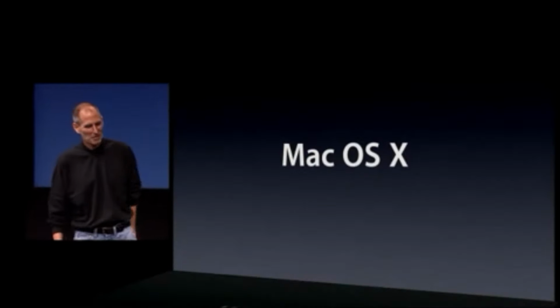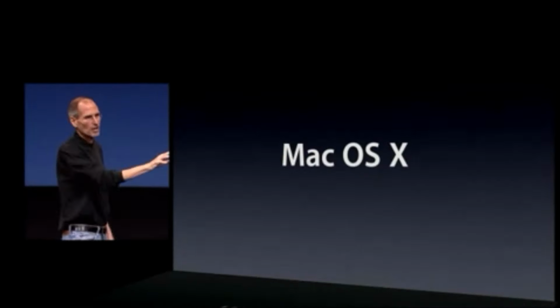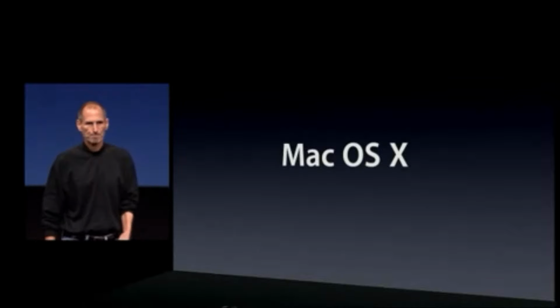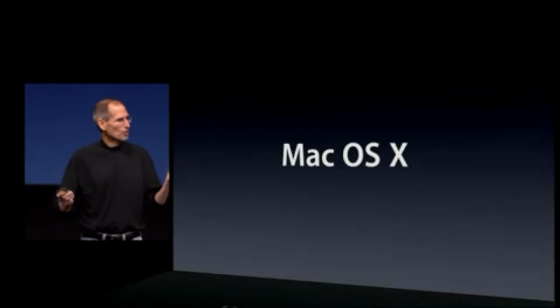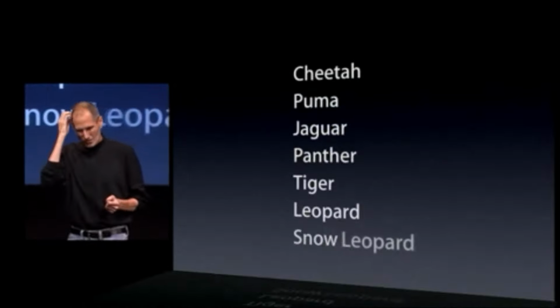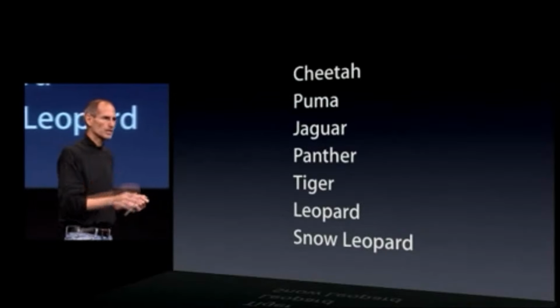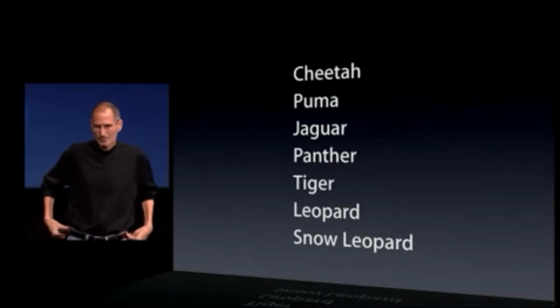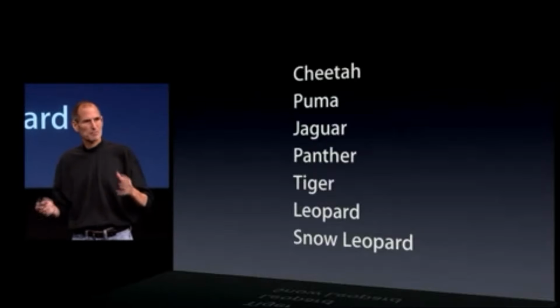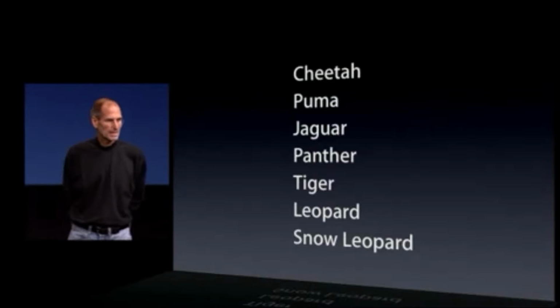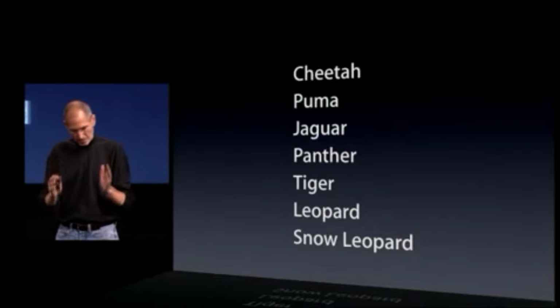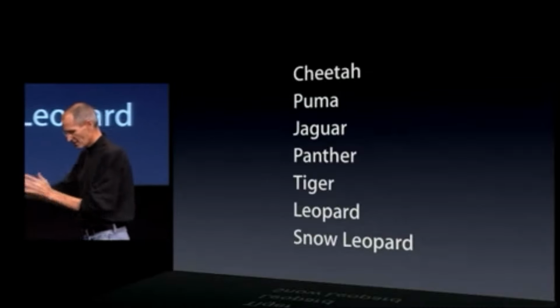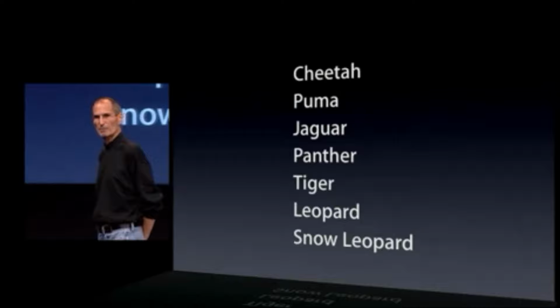We want to give you a sneak peek at where we're going with Mac OS X. As you know, we've had 7 major releases of Mac OS X in the last decade. I don't think anyone can match that track record. We've been improving it with every major release, and we're really happy with Snow Leopard.